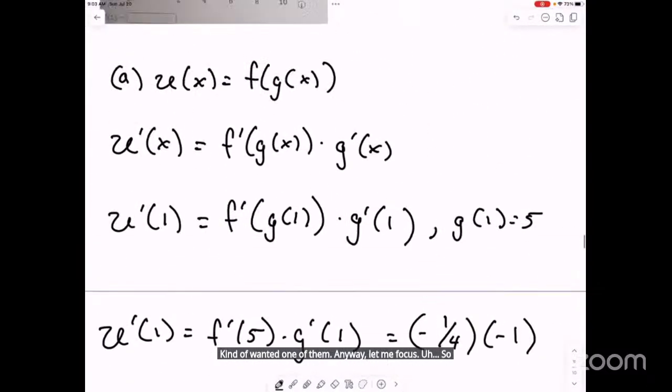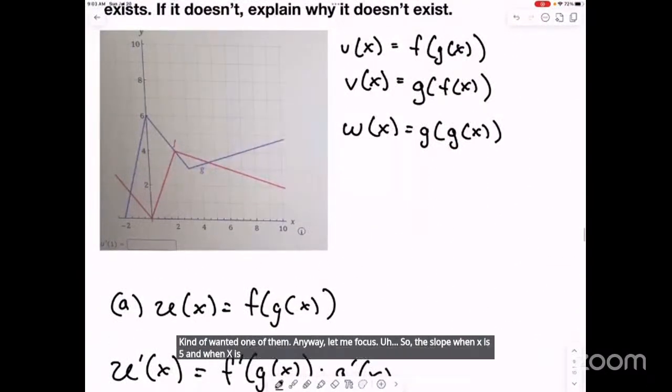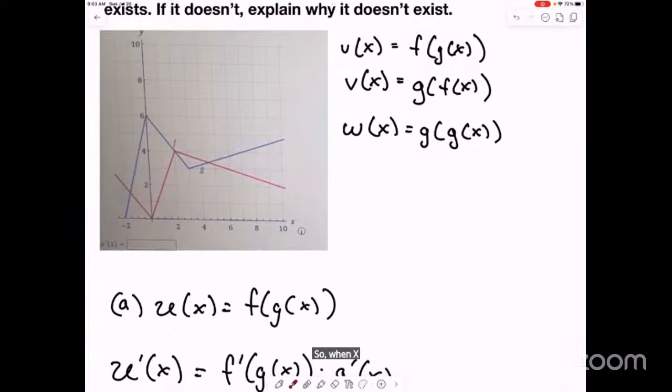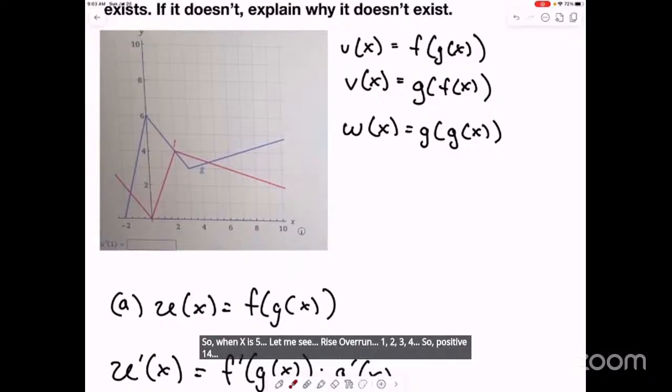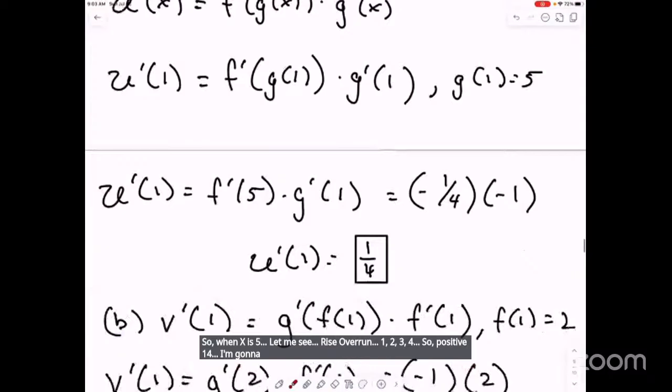So the slope when x is 5 and when x is 1. So when x is 5, let me see, rise over run, 1, 2, 3, 4. So positive 1, 4, and a negative 1.